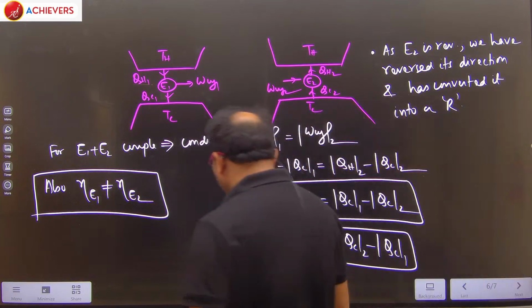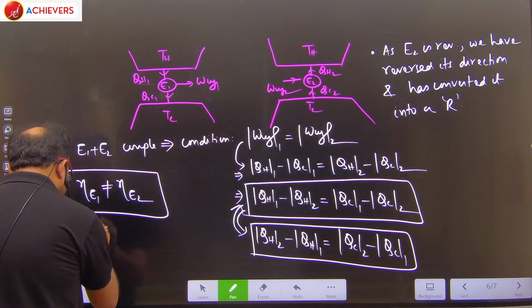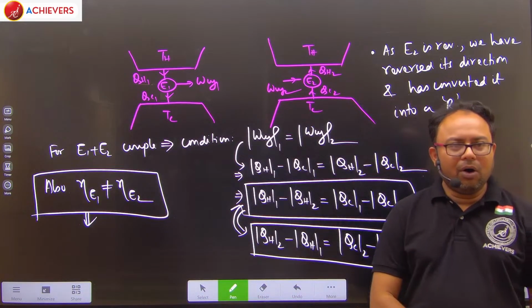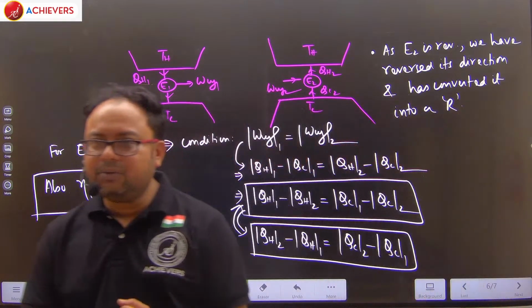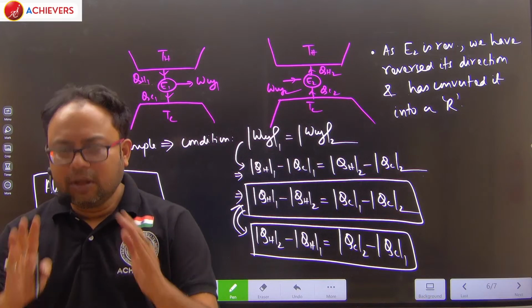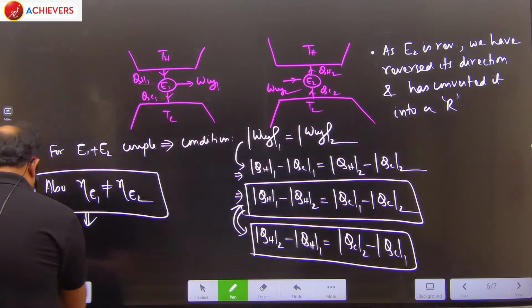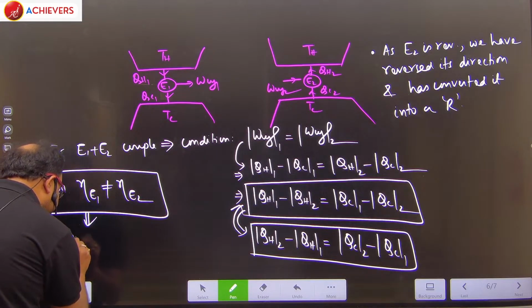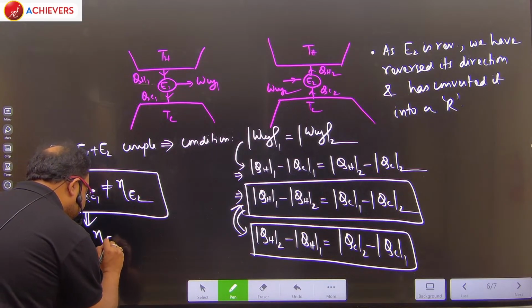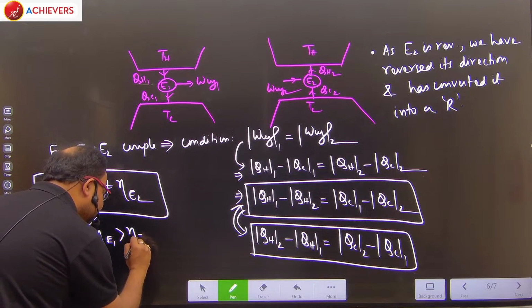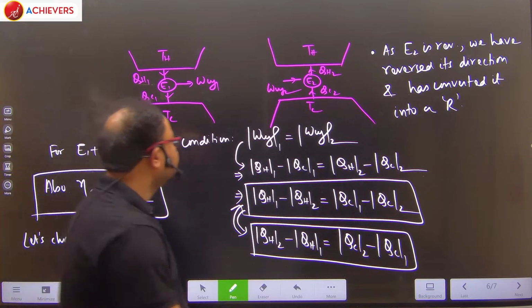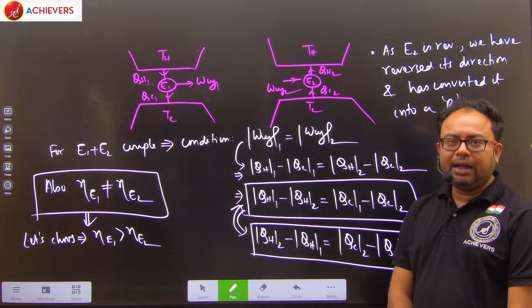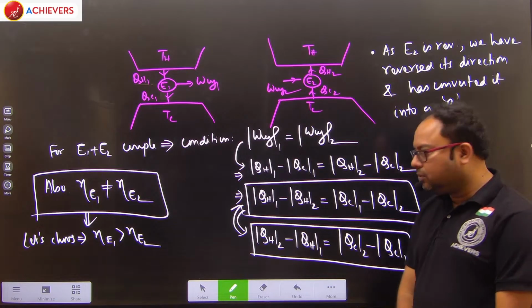So you have got two options: either eta E1 greater than eta E2 or eta E1 less than eta E2. Let's choose the option eta E1 greater than eta E2.